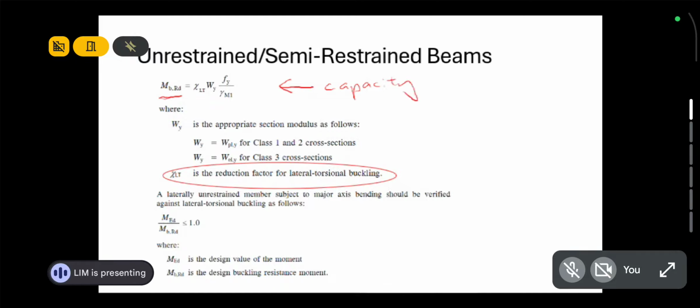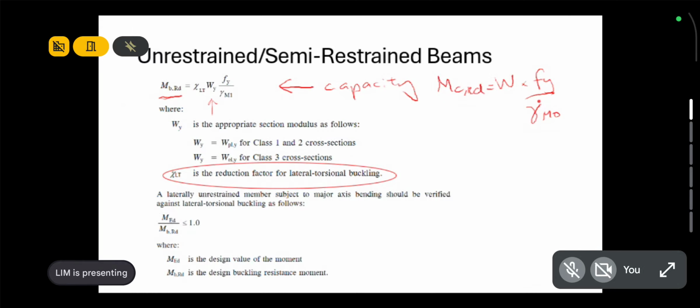So the capacity is the same, W times Fy divided by gamma M1. The other formula, MCRD, was W times Fy divided by gamma M0. This was the previous formula that you used.